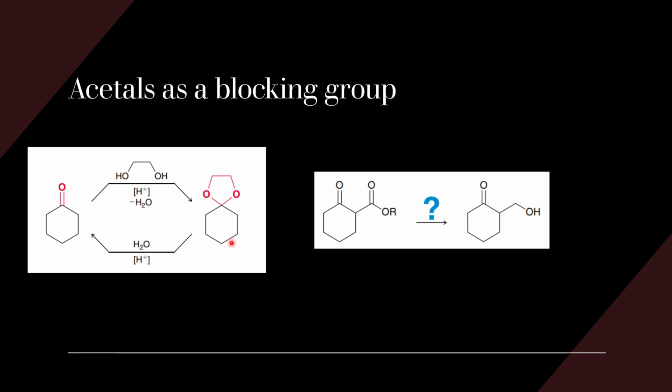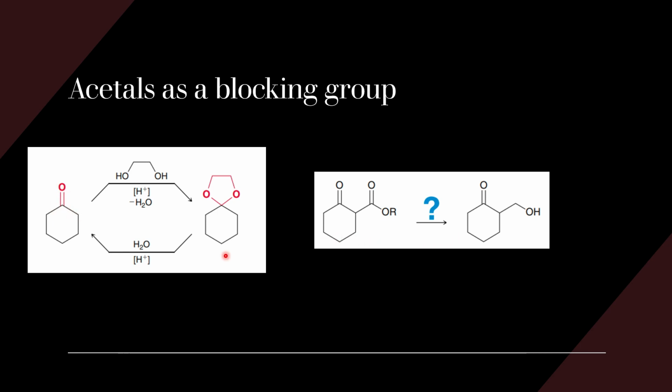In addition, if you simply put it in water in an acidic environment, namely hydronium, it will reverse the reaction and give you back the carbonyl. So we have a way to attach this hat to block chemistry from happening at this position, and we also have a way to simply remove the hat and get back the ketone that we wanted.